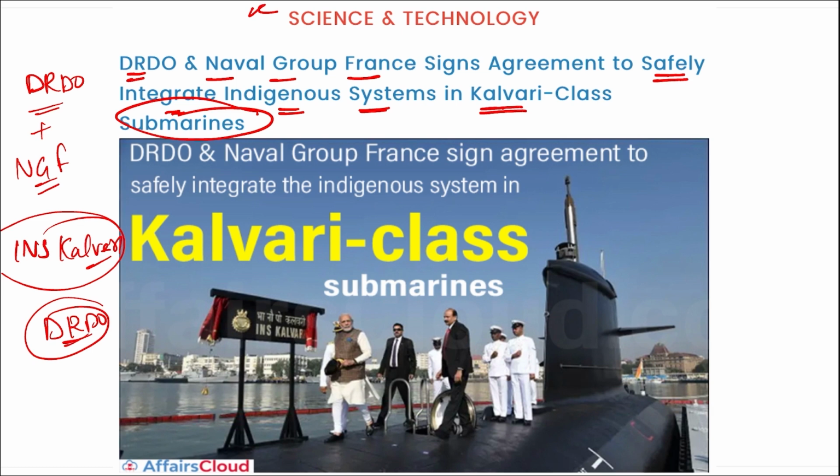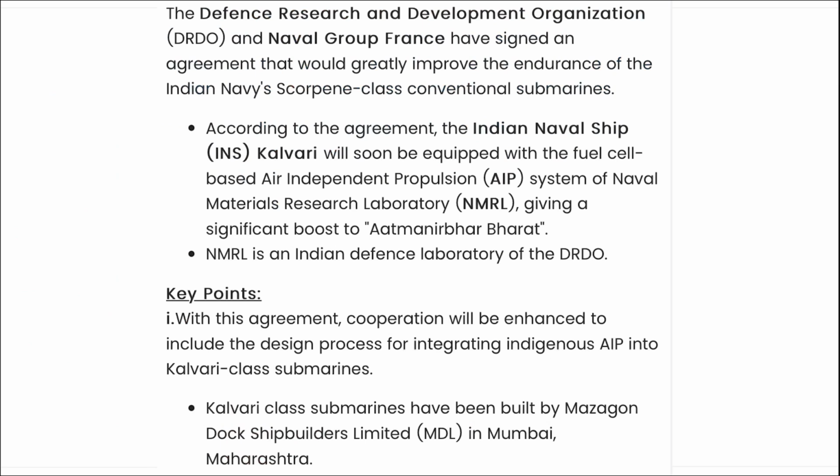Also, with this agreement, cooperation will be enhanced to include a decision process for integrating indigenous AIP into the Kalvari class submarine. Also, Kalvari class submarines have been built by Mazagon Dock Shipbuilders Limited in Mumbai, Maharashtra.